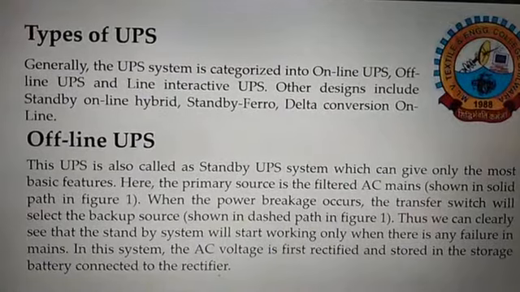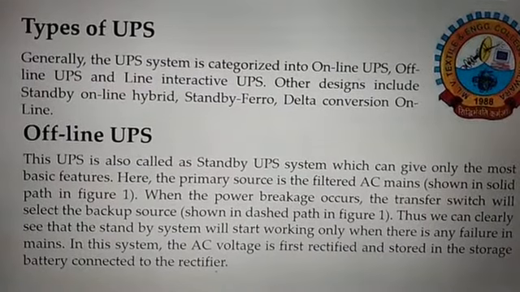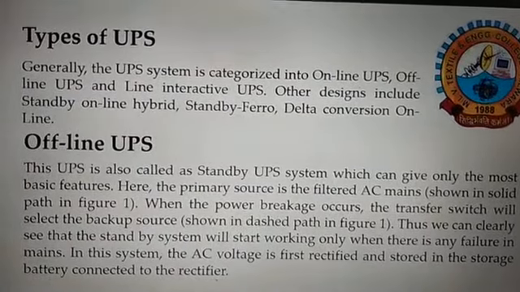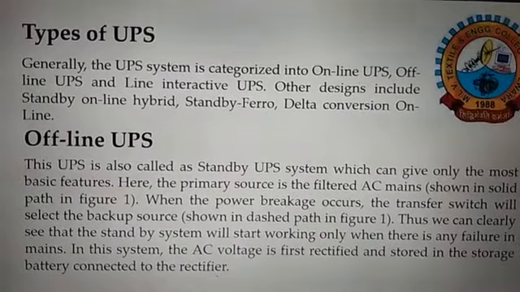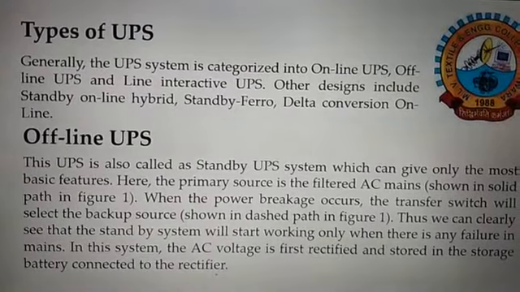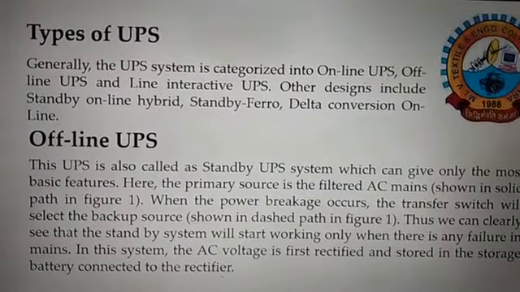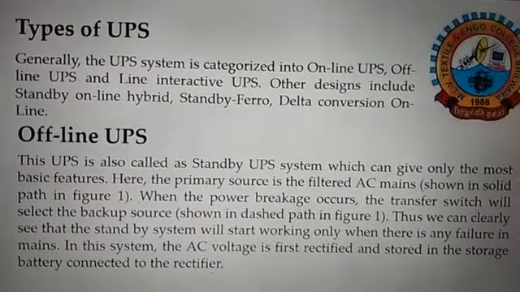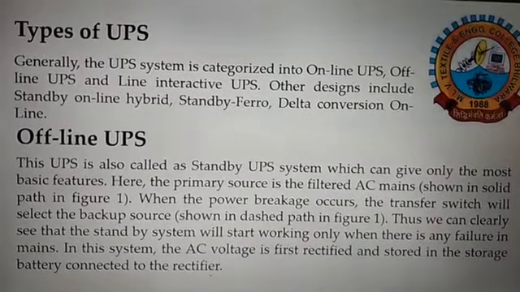The offline UPS is also called a standby UPS system, which can give only the most basic features. Here the primary source is the filtered AC mains, as you see in figure 1. When the power breakage occurs, the transfer switch will select the backup source.